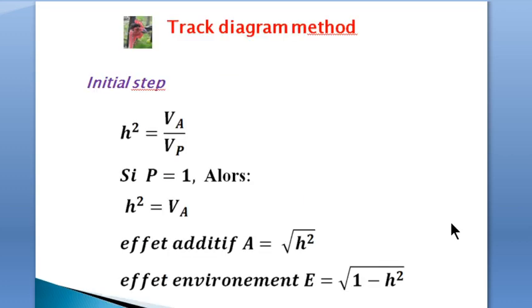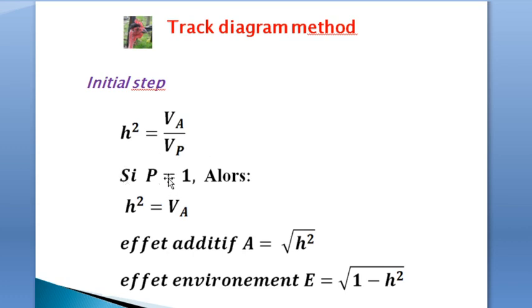Now, we have a second method of estimation, that is the track diagram method. How does it work? So initially, let's start by presenting the formula of the additive effect, that is the effect due to the genes, and the environmental effect. So if we assume the formula according to which heritability is equal to additive variance over phenotype variance as we saw before.